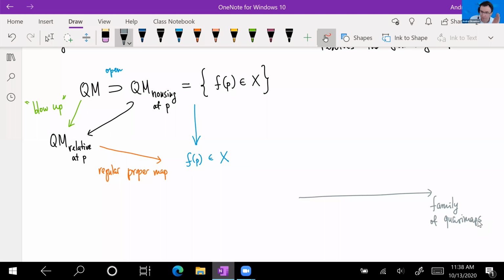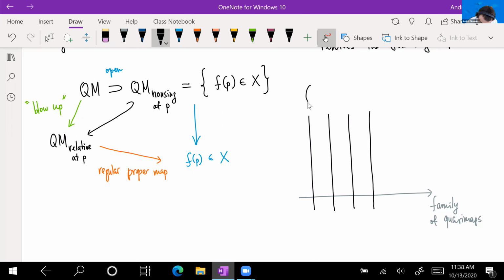If I have a family, it means I have my curve. This is my curve C, which I will draw vertically, and which may also depend on some parameter, say time. We can imagine it as one-dimensional, and that curve may depend on time.